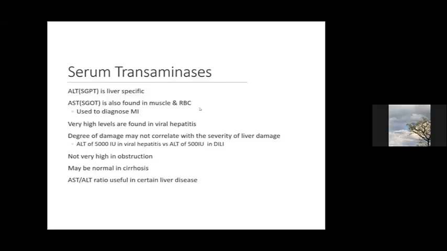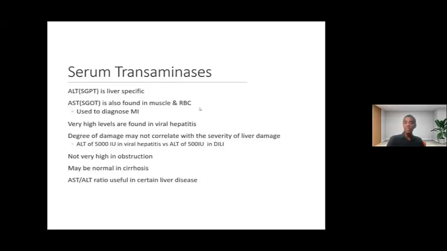So what I want to tell you is that the degree of elevation may not correlate with the severity of liver damage. If there's an elevation of the transaminase, we call it transaminitis, because there's an ongoing inflammation. It is not very high in obstruction. If there's an obstructive origin, you may not see very high levels of transaminase.